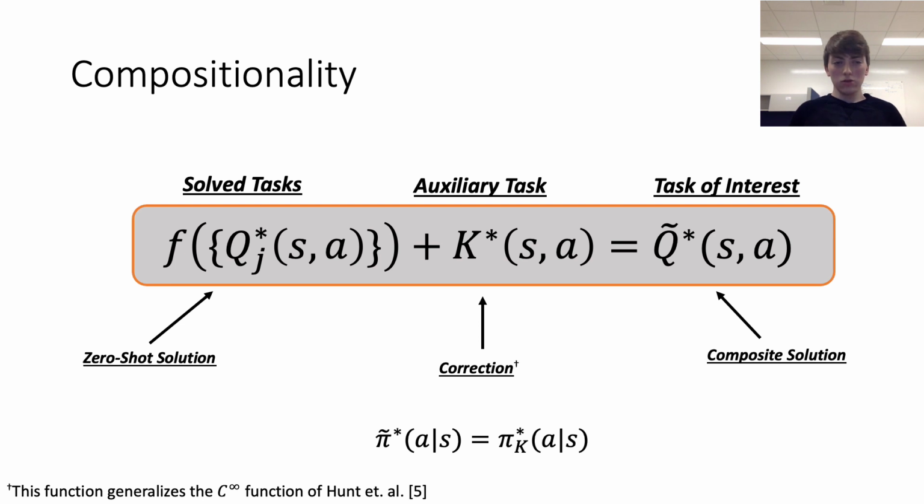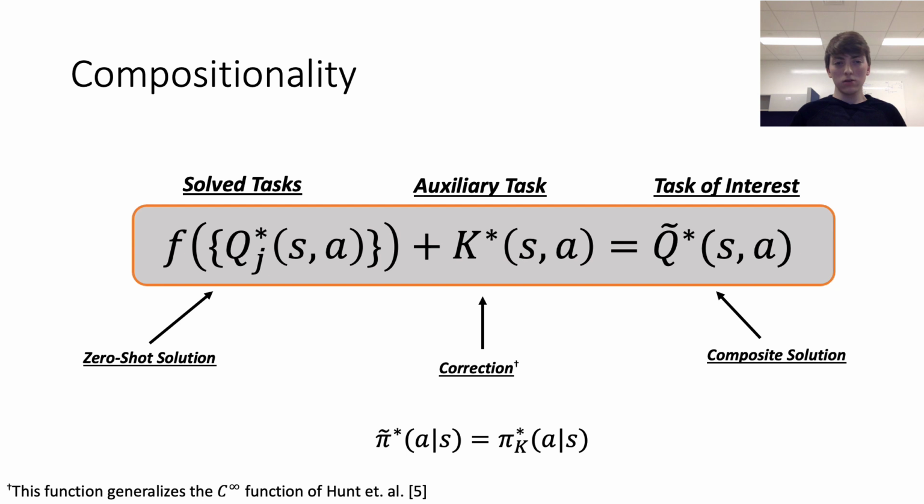Note that we use a zero-shot solution on the left-hand side by applying the same function of composition to the Q functions, and then we add on some auxiliary correction. In general, we have that K and Q tilde share the same optimal policy, meaning again that we have pi tilde star is equal to pi K star.